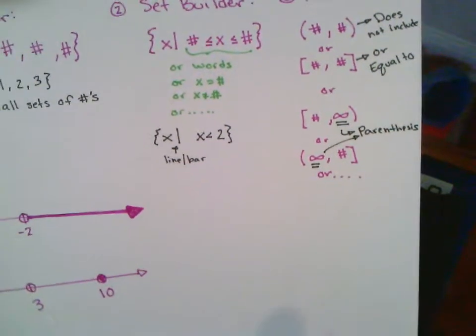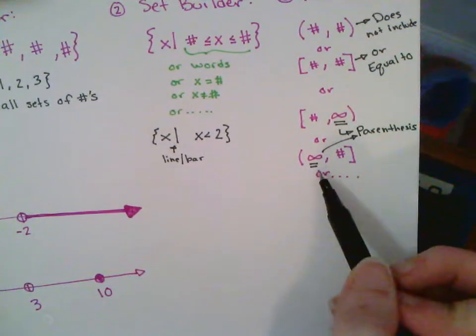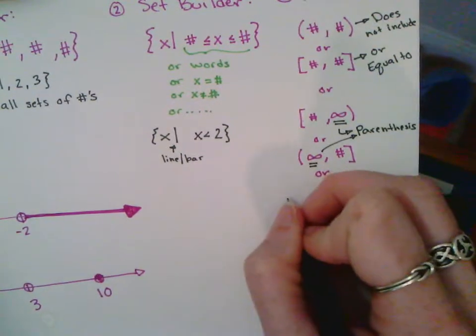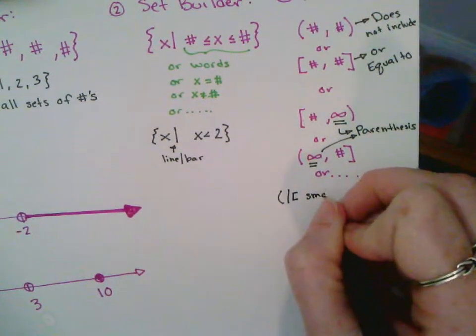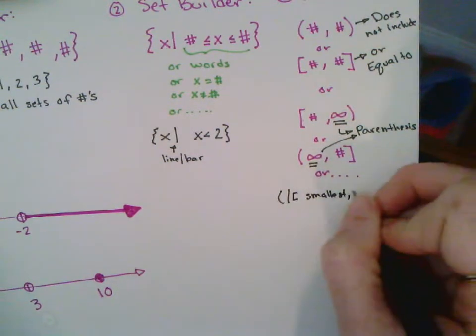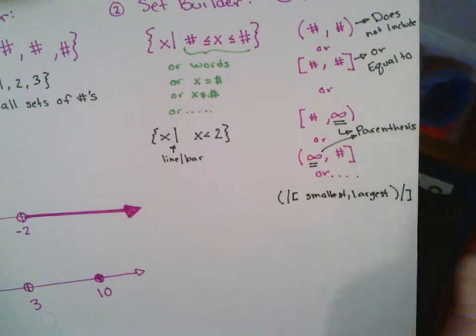Yeah, so if I were to write that x is less than 2 in interval notation, remember it's our smallest, then our largest. So it's either a parenthesis or a bracket, smallest, comma, largest, and then parenthesis or bracket.